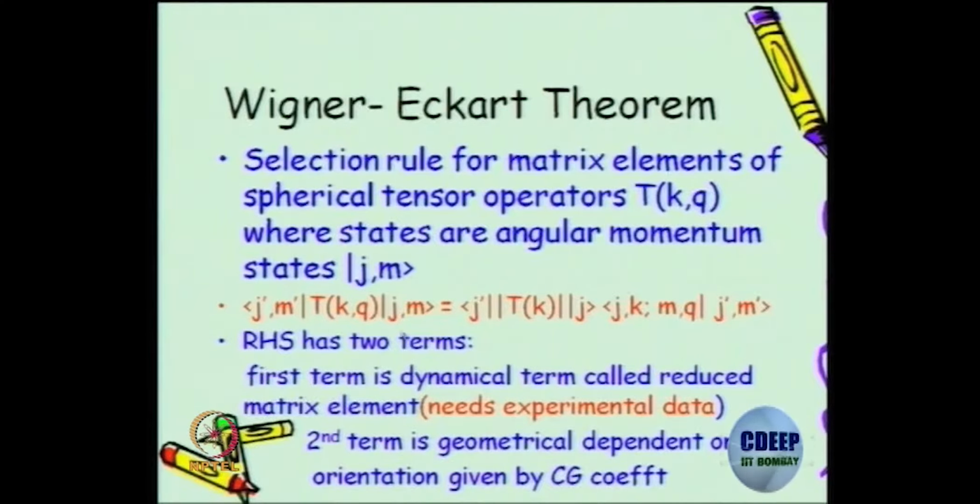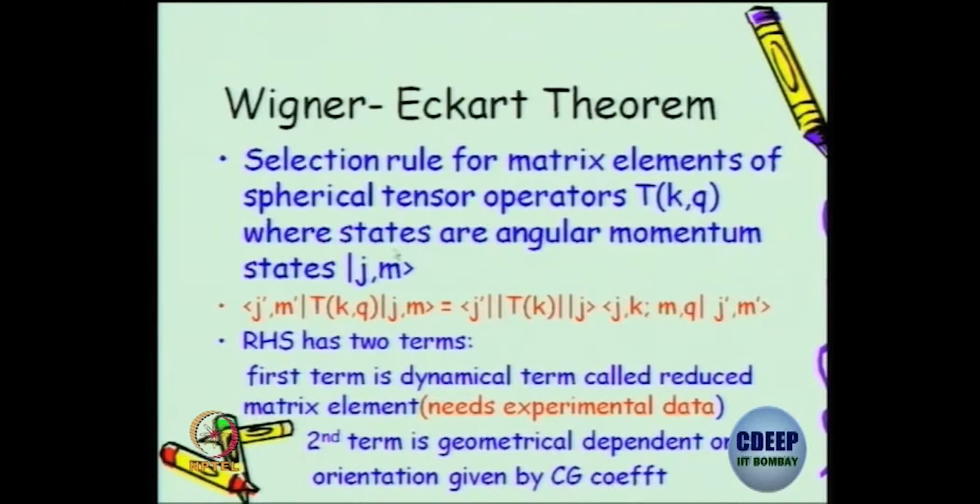So for a scalar, for example, if suppose this is a scalar operator, what can we say? M has to be M dash. Only diagonal elements are possible in those matrix elements.